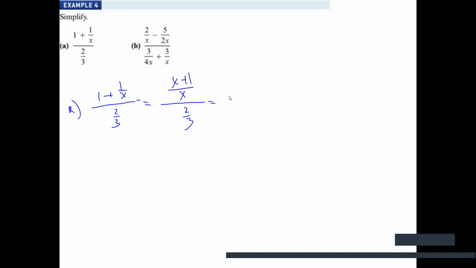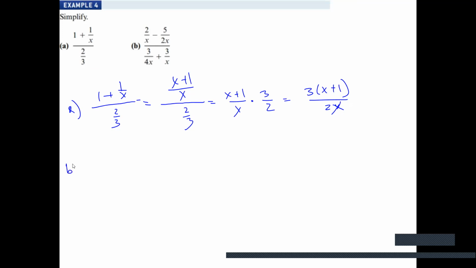Now what we did, x plus 1 over x, we change for multiplication, which is the reciprocal, or 1 over. In simple language, we flip that fraction, right? And if you wish, I can write this one, and that would be the answer. Okay?